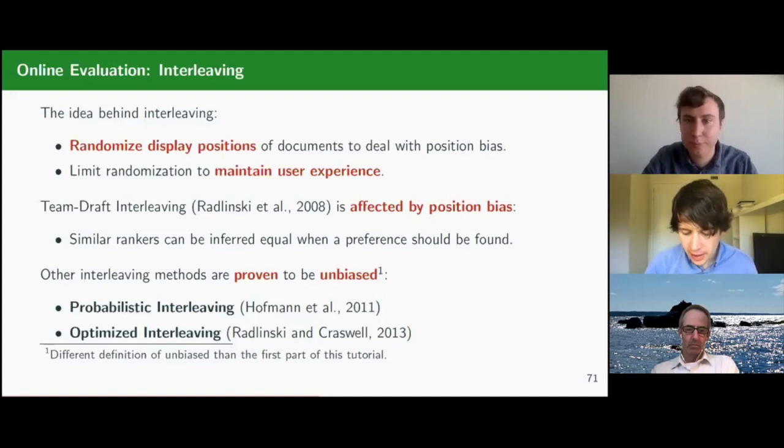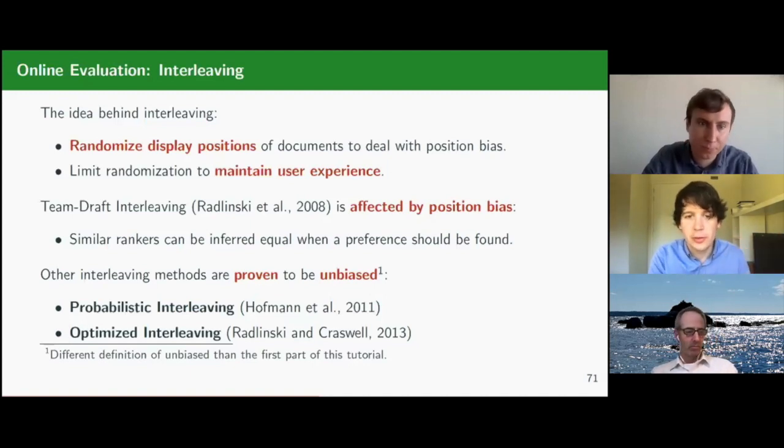What happens in the online evaluation literature is that their definition of unbiasedness is somewhat different than what we've seen in the first part of this tutorial. What they usually do is think of specific situations where they know that they want a certain outcome, and then see if that outcome is being met.